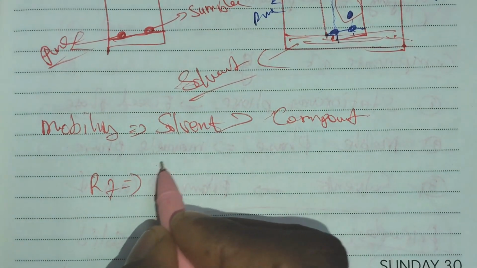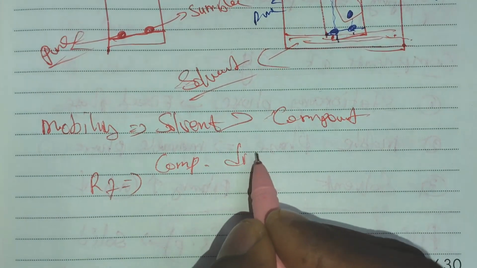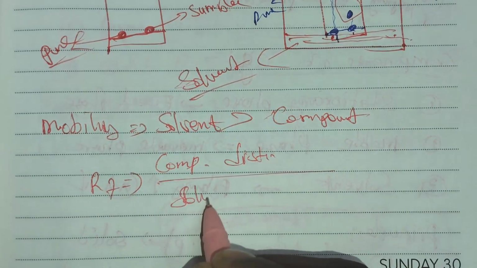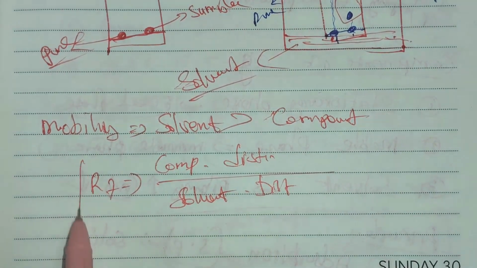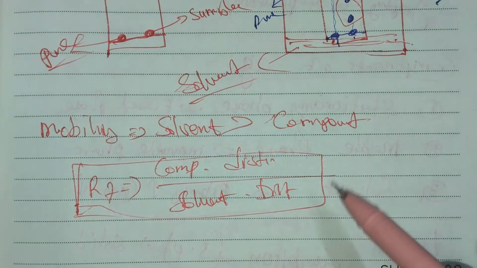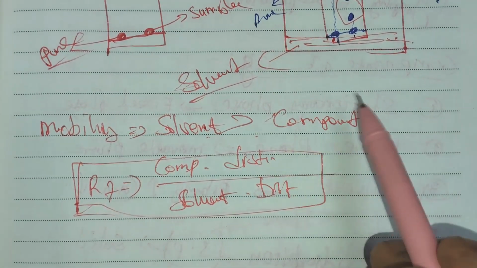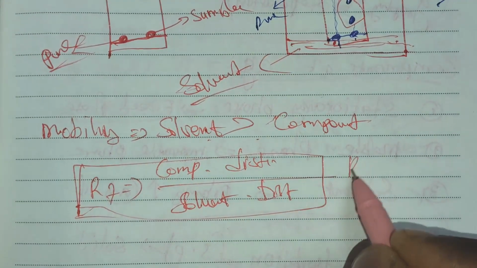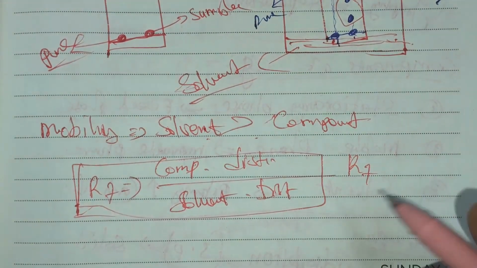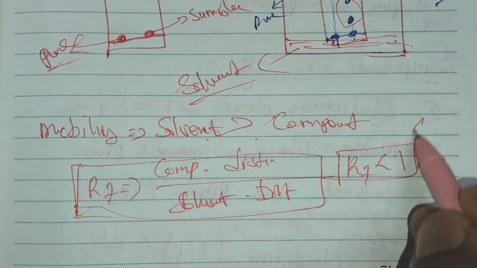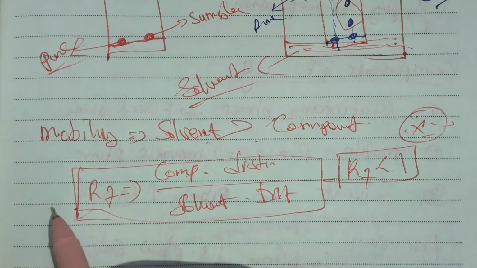Rf equals the distance moved by the compound divided by the distance moved by the solvent. Since the solvent moves farther than the compound, the Rf is always less than 1. This is very important; sometimes it is asked as a question.